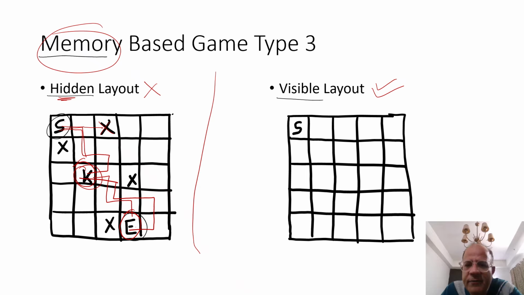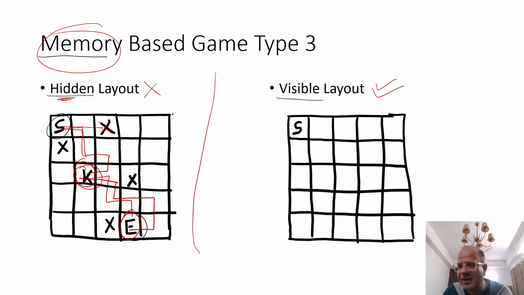I know somewhere in the middle is going to be the key. It may be exact center or somewhere in the middle, and somewhere towards this corner is going to be my exit. Maybe the cornermost, sorry, or somewhere in the vicinity of the corner is going to be my exit.